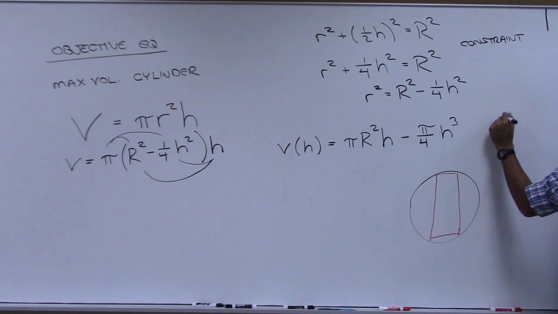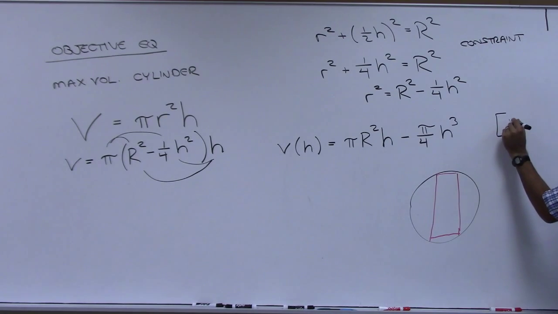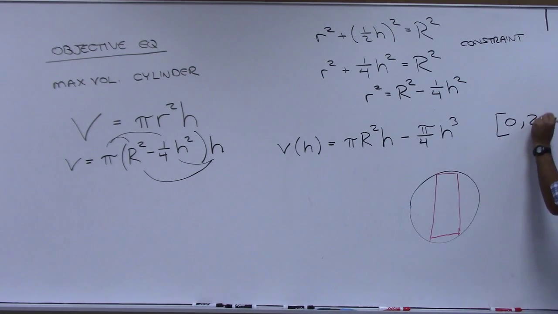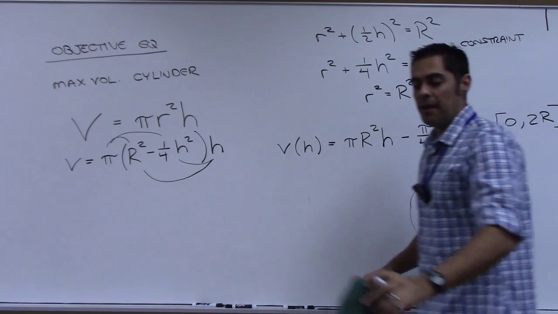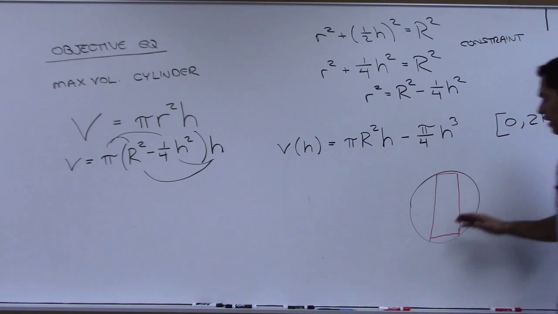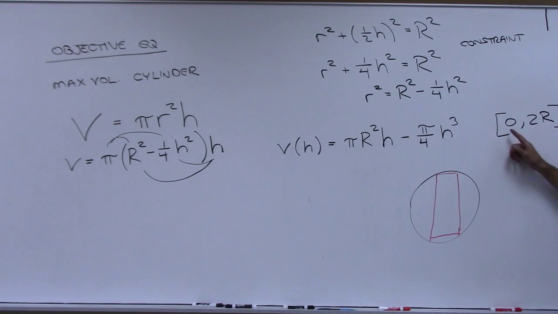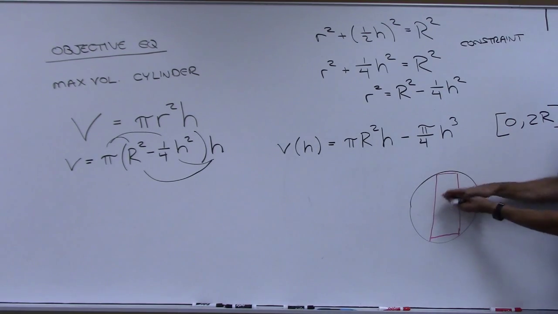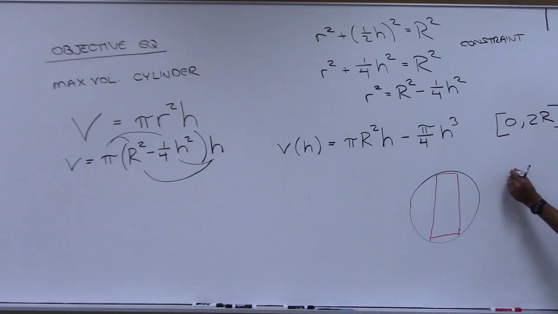So let's see. Go ahead, Weber. Wouldn't you never touch the edge of the sphere? If h is 0, then it would just be a disk with no height to it, which would have no volume.